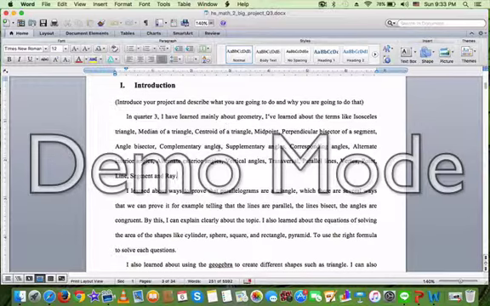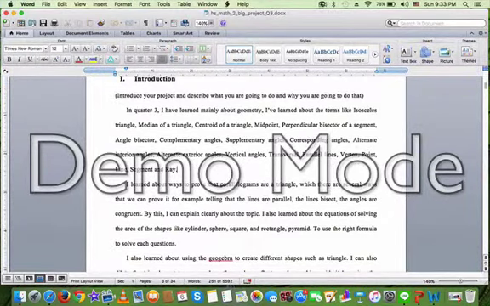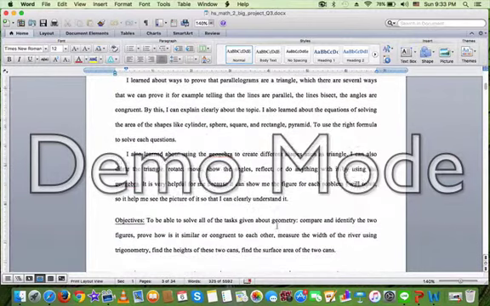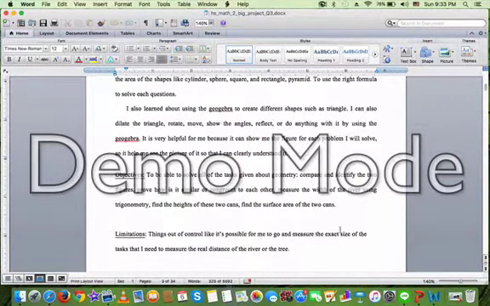I learned many new topics and terms like isosceles triangle, median of triangles, and angles like complementary, supplementary, and more. I also learned how to use the GeoGebra app, which really helps me because when I see the picture of each problem, I understand quicker and easier.